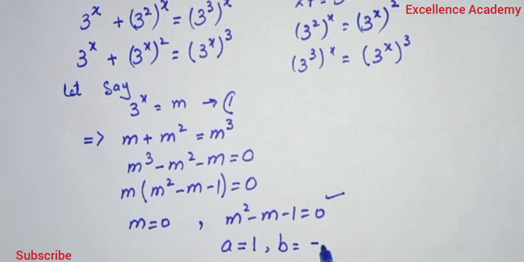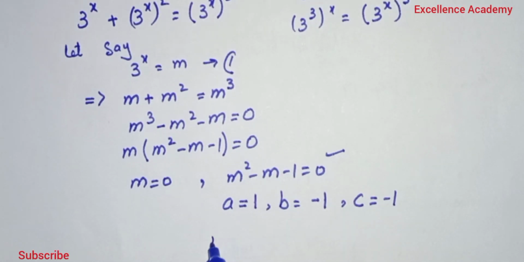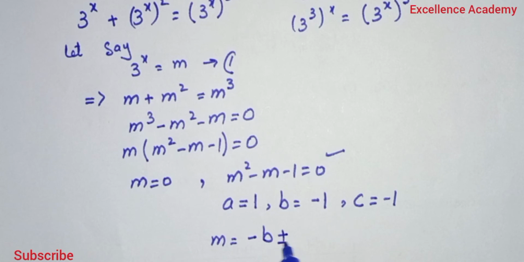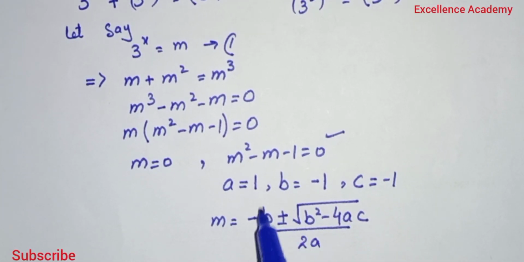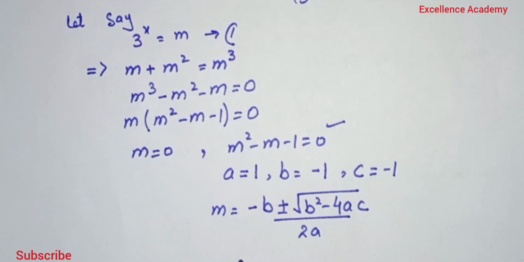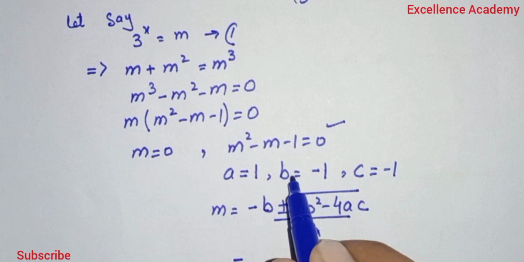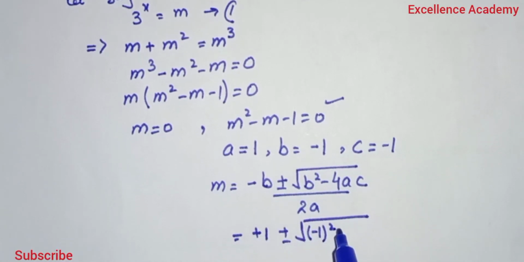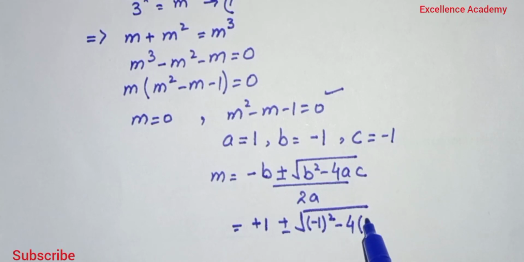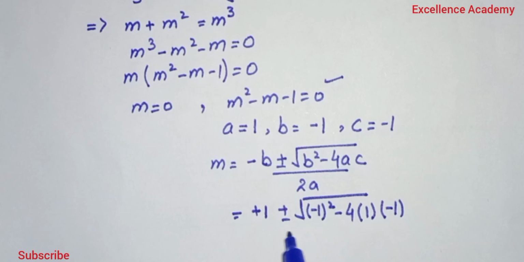The value of b is minus 1, so minus b becomes plus 1, and then plus minus the square root of (-1)^2 - 4 times a, which is 1, times c, which is minus 1, all divided by 2 times 1.